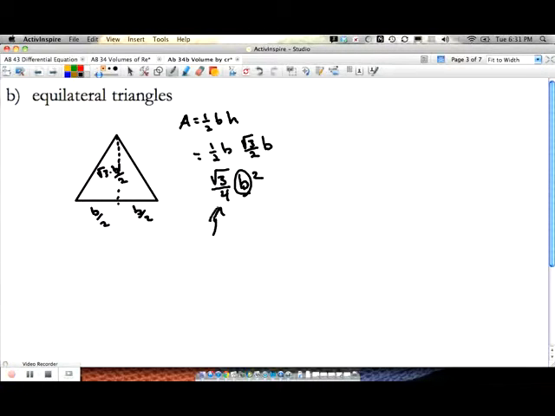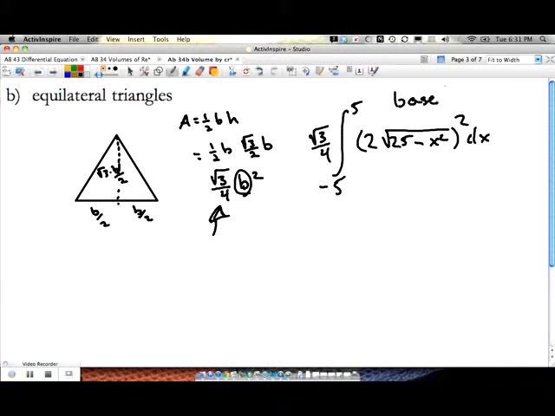We know what that base is. So the only difference between the last problem and this one is this constant. So I just have to do the integral from -5 to 5. And we have a constant, square root 3 over 4, times that base, which is 2 radical 25 minus x squared dx out here, and squared up there because it's the base squared.